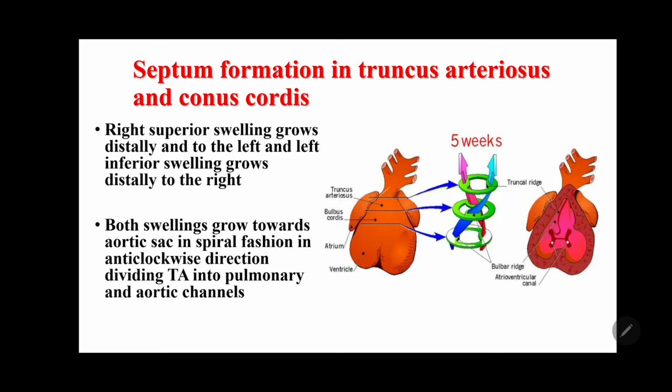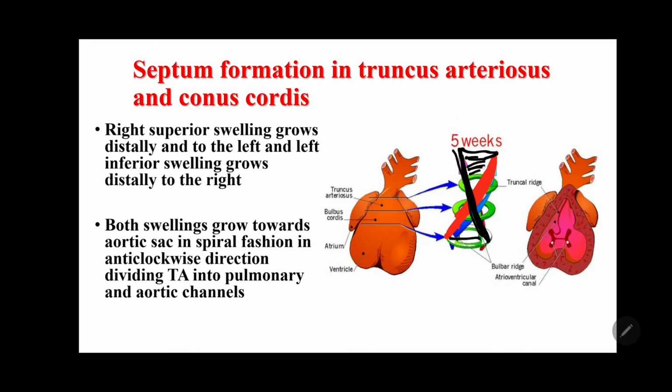So the right superior swelling grows distally and to the left. What you are seeing here, this right one is growing superiorly and distally to the left, whereas the left inferior swelling is growing distally and to the right, like this.